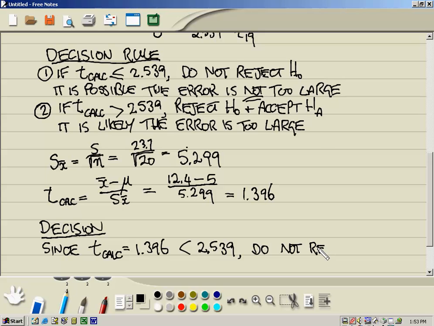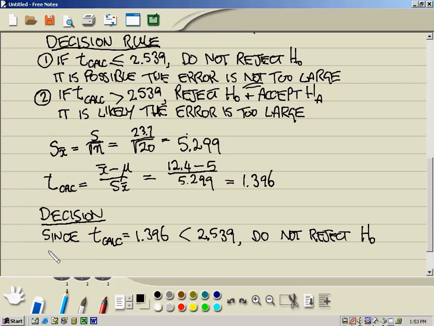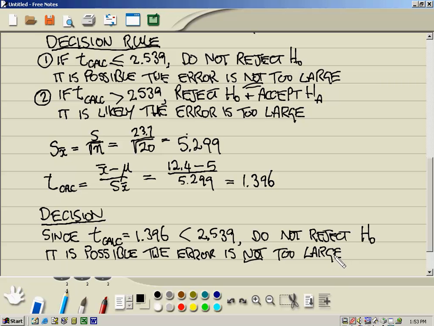In other words, the sample value is close to the hypothesized value, even though it may not look like it in this case. And we can say, as above, it is possible the error is not too large. Alternatively, we could say it is possible the average forecast error is not greater than 5%.